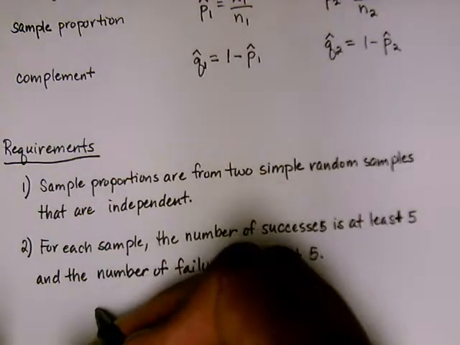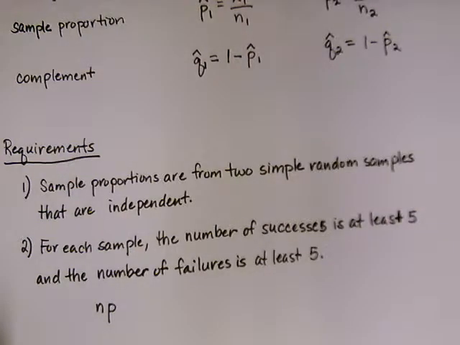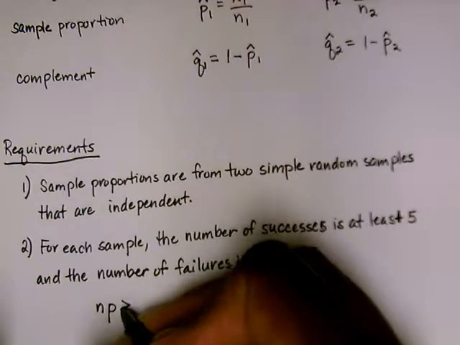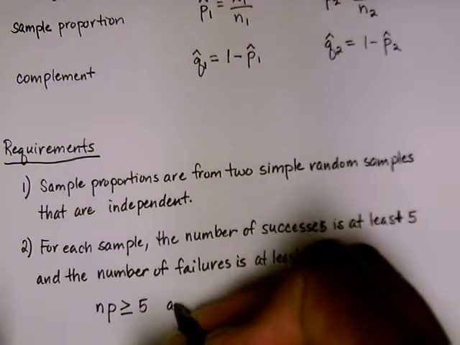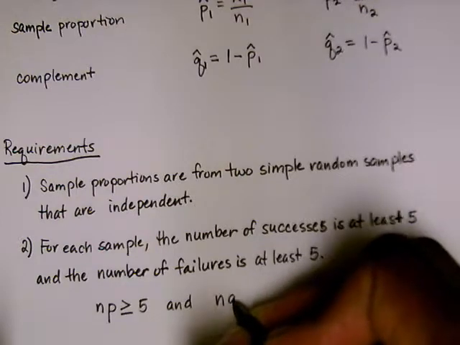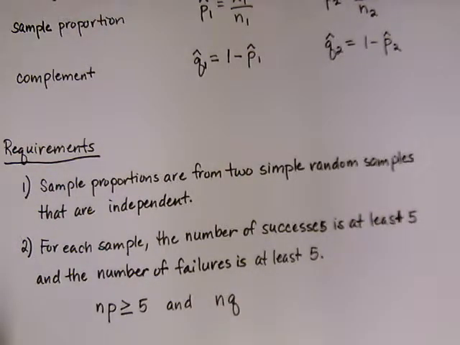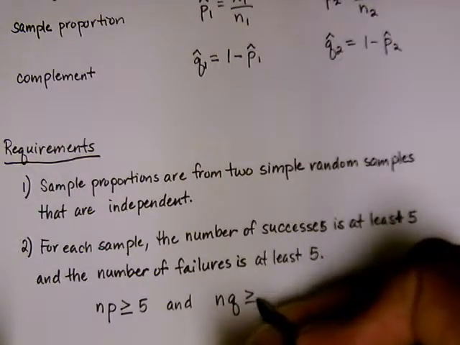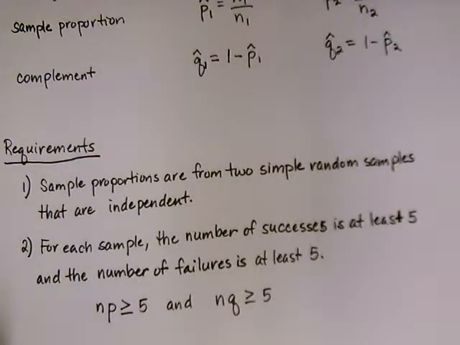So notation here, if you have n, which is the sample size, times p, which is the probability of success, that product has to be at least 5, meaning greater than or equal to 5, and n times q, that's the probability of getting a failure, that product must be greater than or equal to 5 as well. Okay, so those are the two requirements for a confidence interval and also for a hypothesis test.